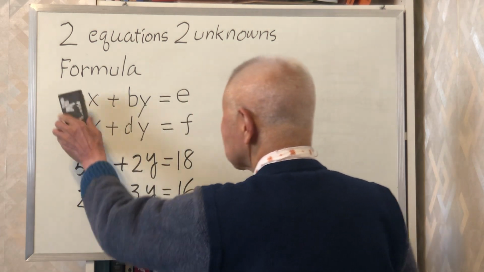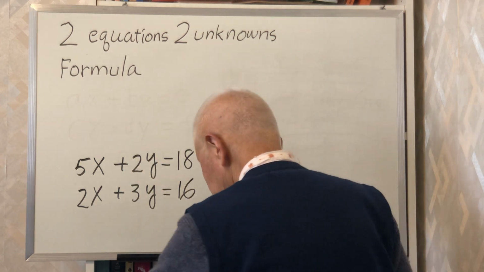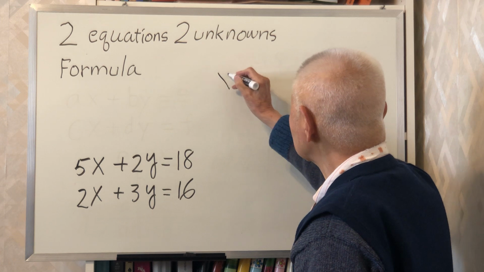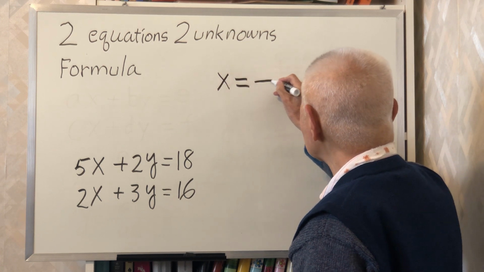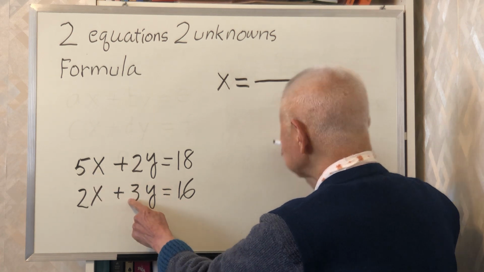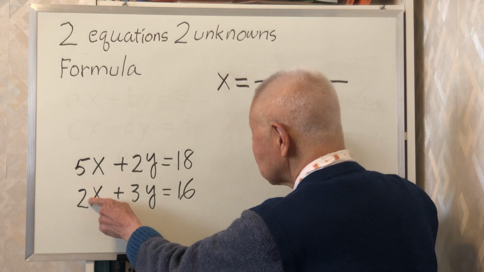So this is two equations, two unknowns. What is x? 5 times 3 minus 2 times 2.